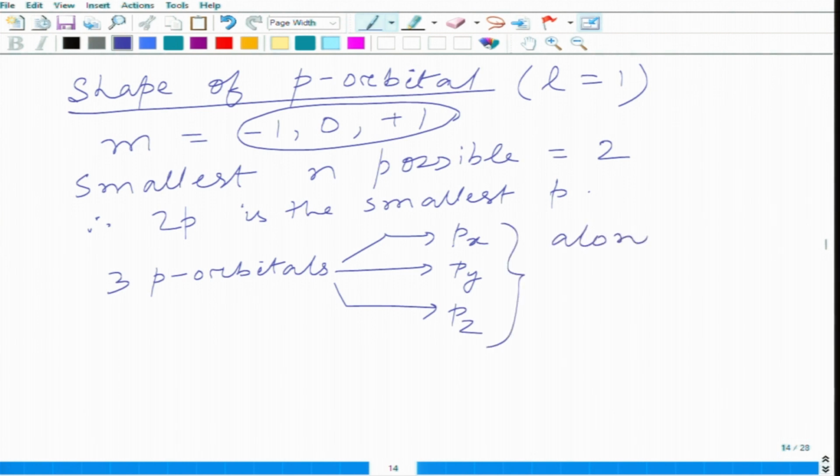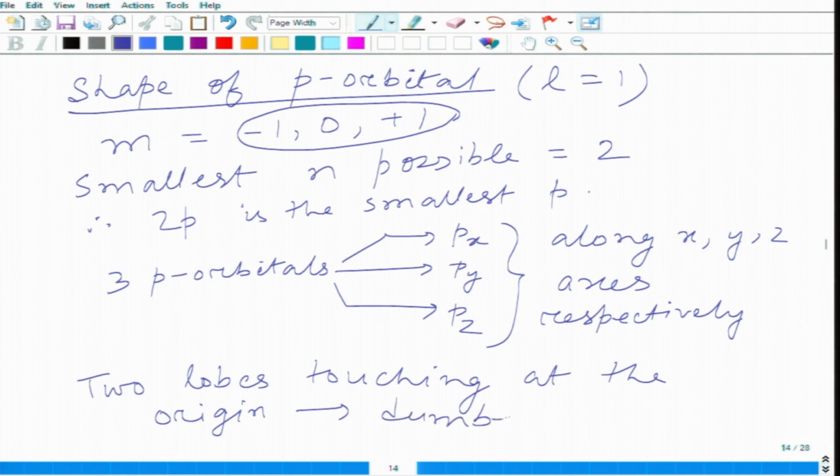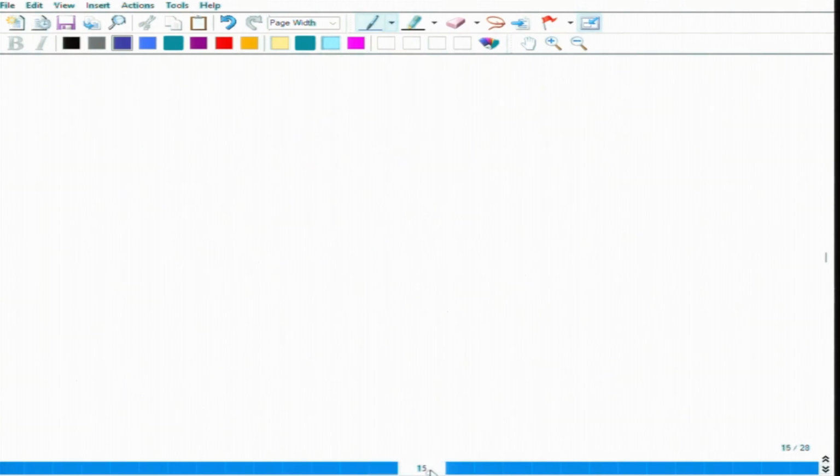These are along the x, y and z axis respectively. The p orbitals have the shape of 2 lobes touching at the origin. This is also known as the dumbbell shape. So, we will draw the p orbitals.